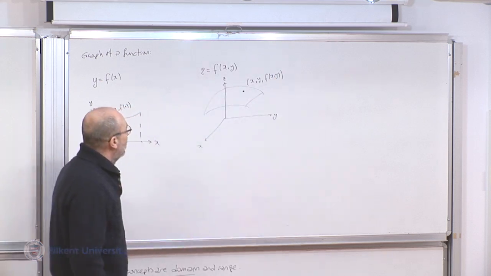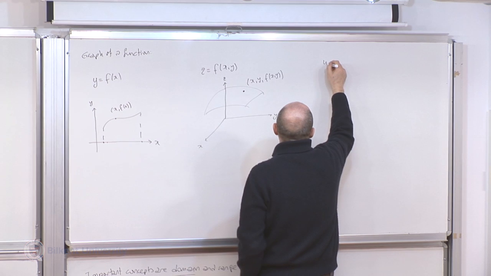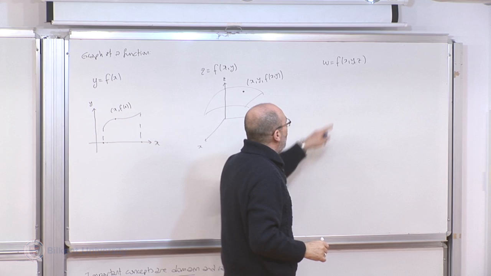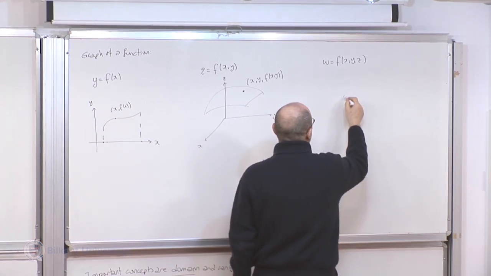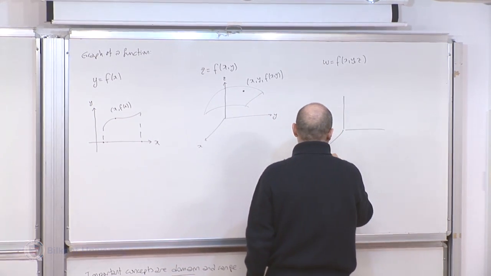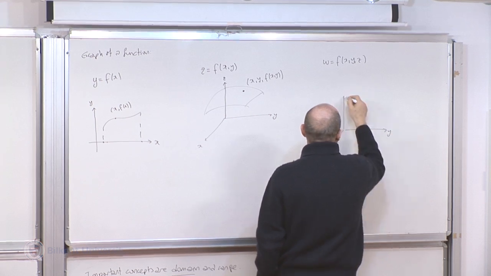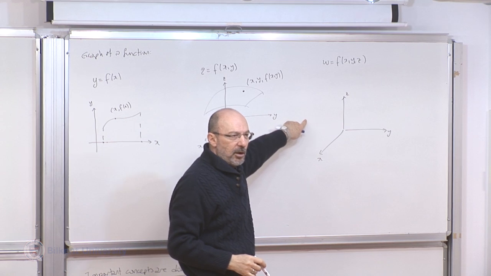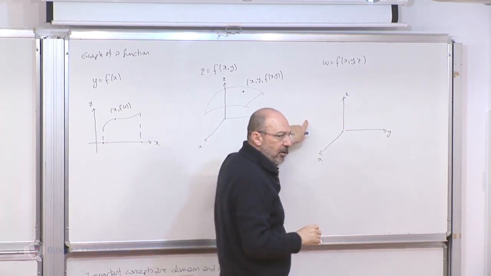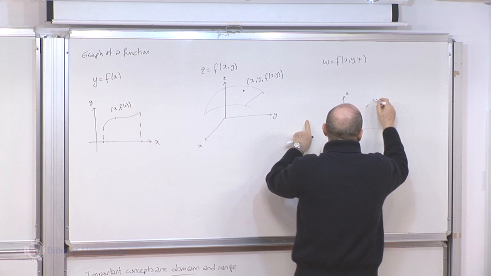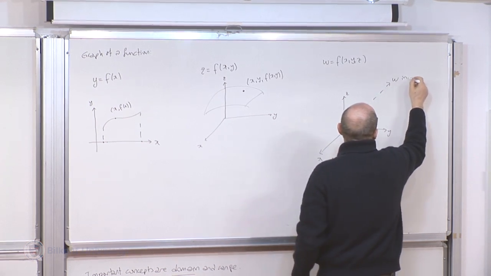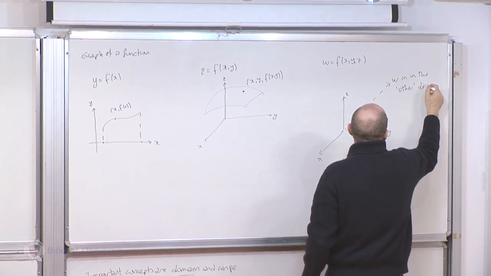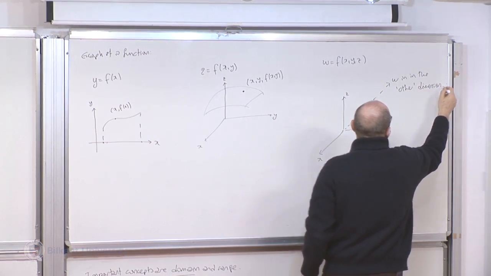Any point on the surface is of the form x, y, f of x, y. Okay. Now suppose we have w equals f of x, y, z. For this x, y, z, this is the domain. And now w must be perpendicular to this, so we don't know where w goes in 3 dimensions. This w is in another dimension.